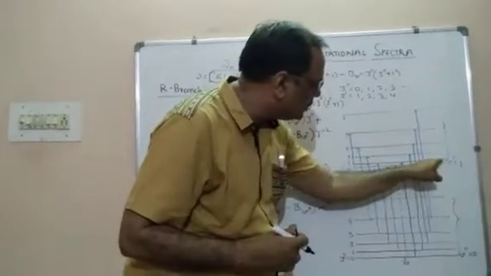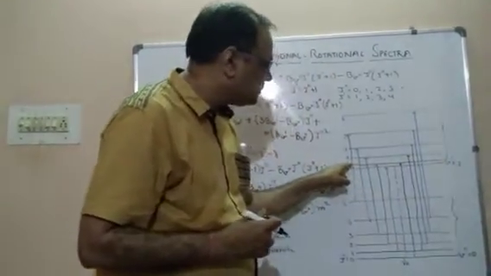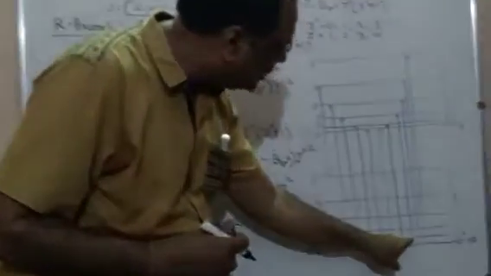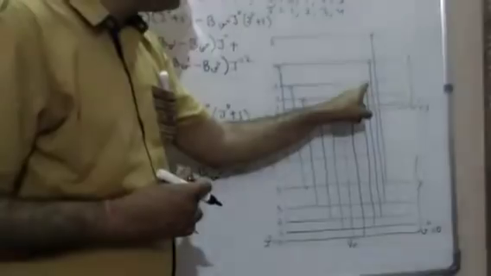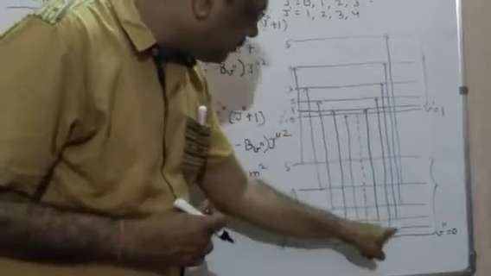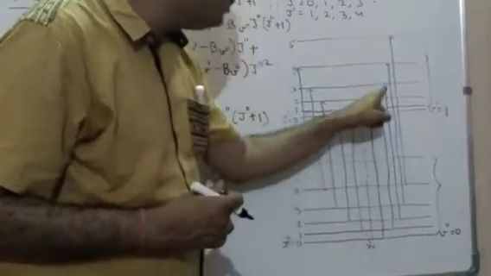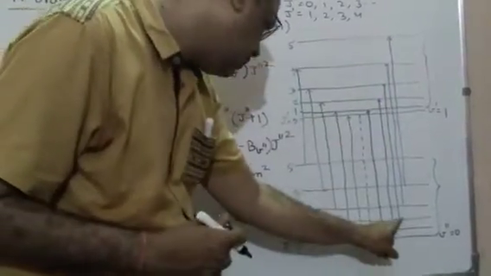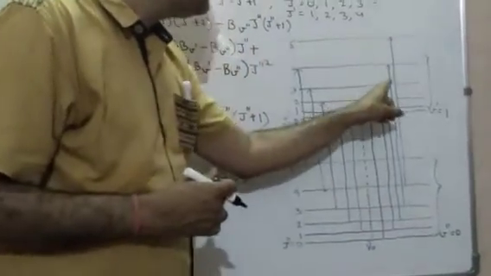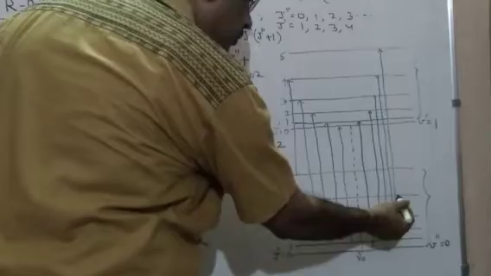Similarly, from 1 it will go to 2, from 2 it will go to 3, and from 4 it will go to 5.